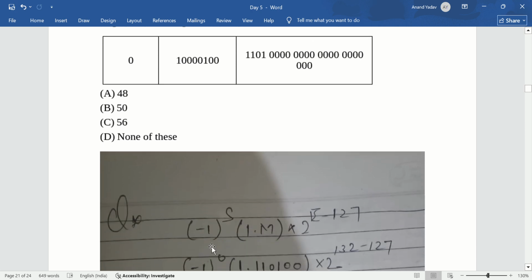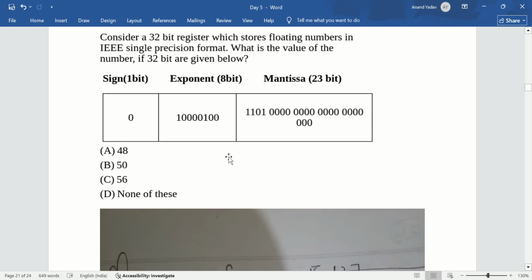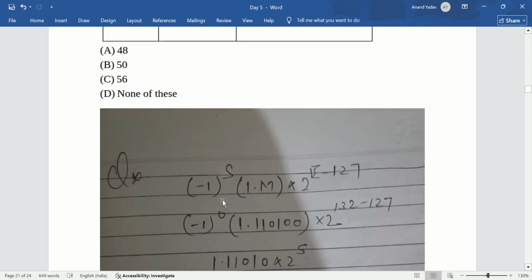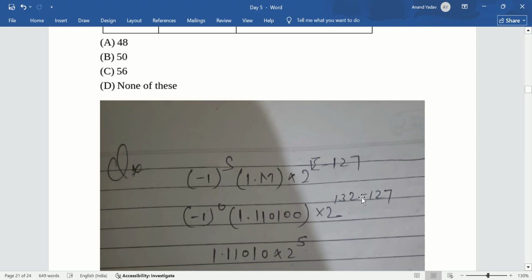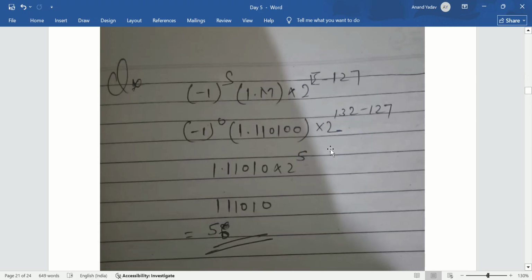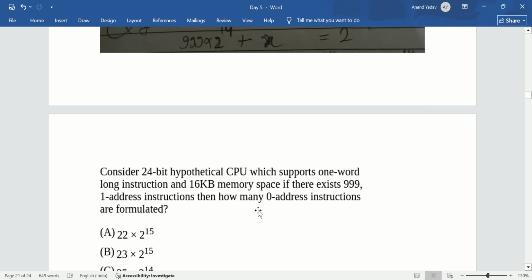For this question, I will solve it this way: converting the 32 bits to IEEE single precision format, (-1)^sign times 1.mantissa times 2^(exponent - 127). Exponent is here, mantissa is here. When we put in the values, I will get 58. In this way, I solve this question.